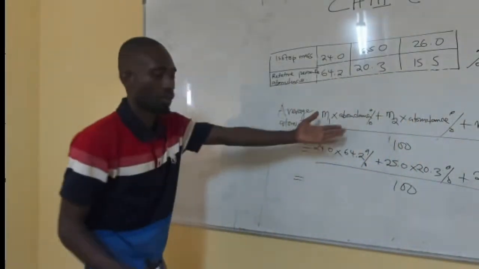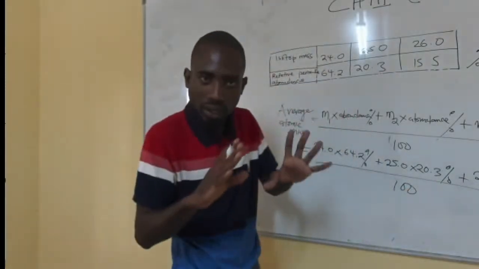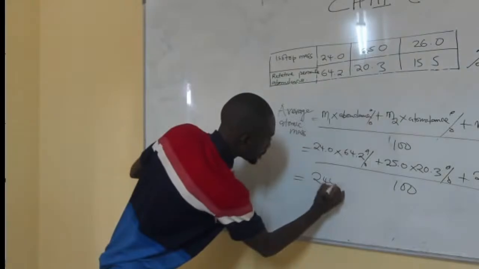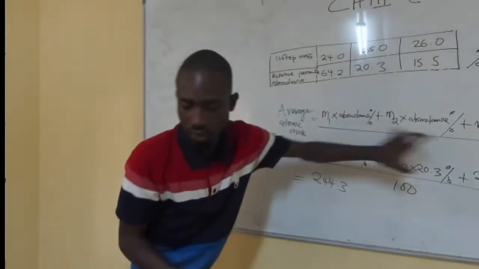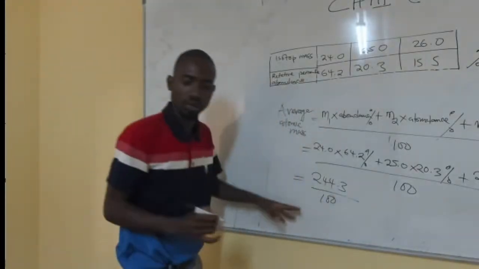In this case, if you did your calculations well, it should give you 244, okay, as your total sum of everything on top, okay? Then over 100, of course.